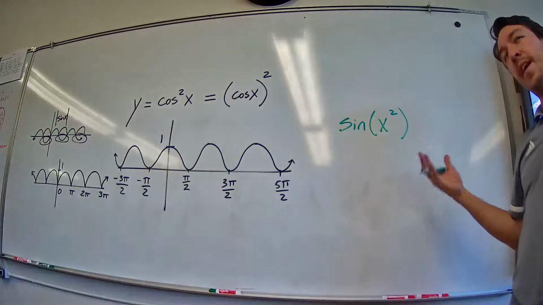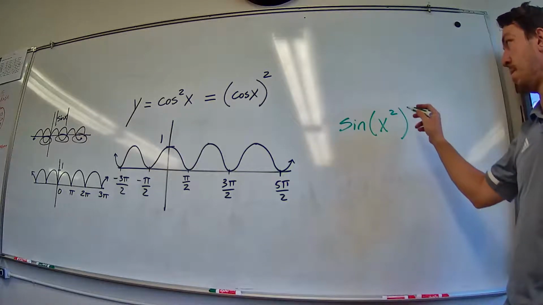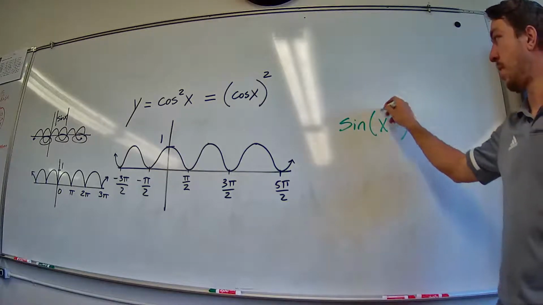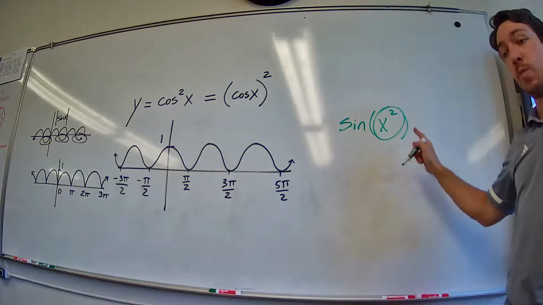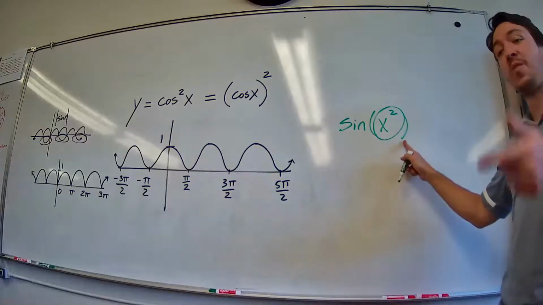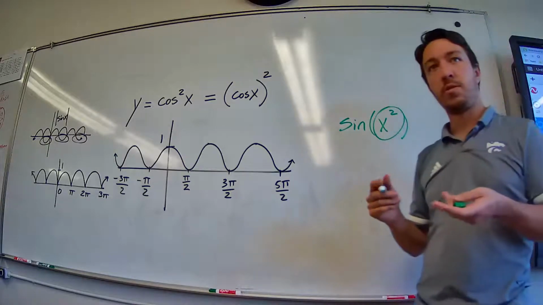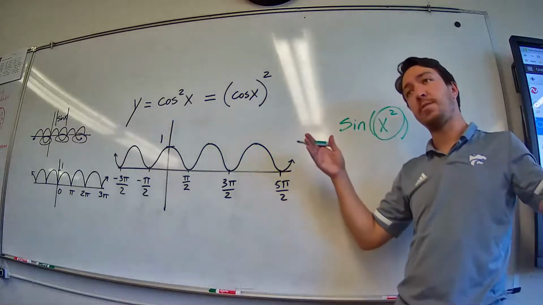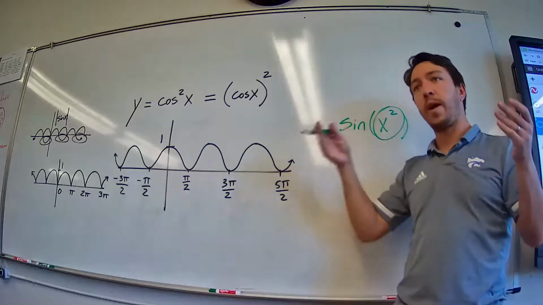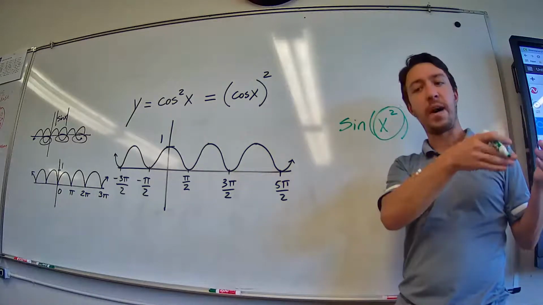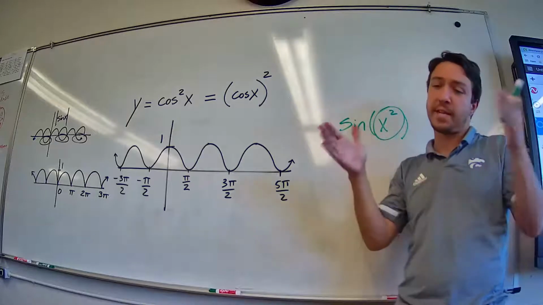So what's the question you have to ask then? When will x squared equal those numbers? You're going to end up with a set of x values that are square roots of multiples of pi. And that's just the x-intercepts.